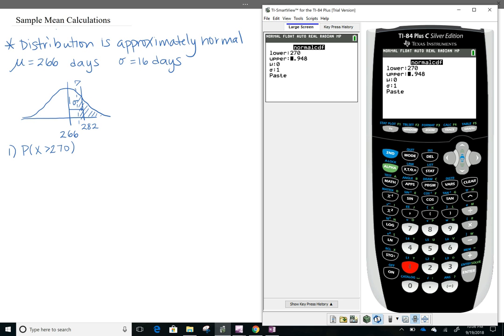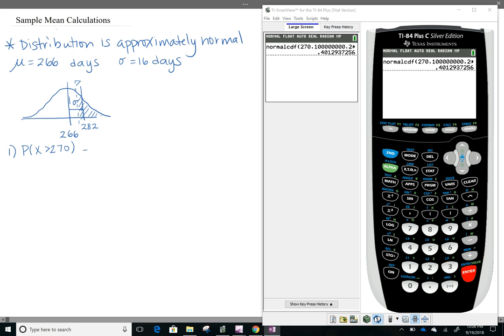I'm going to pick a large upper bound. My mean for this problem is 266, and my standard deviation is 16. This gives me a probability of 40%. So roughly 40%.